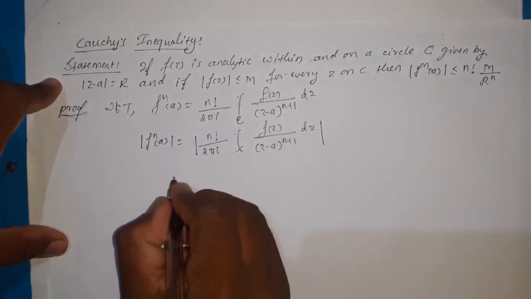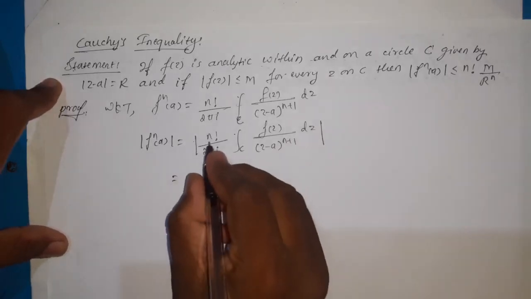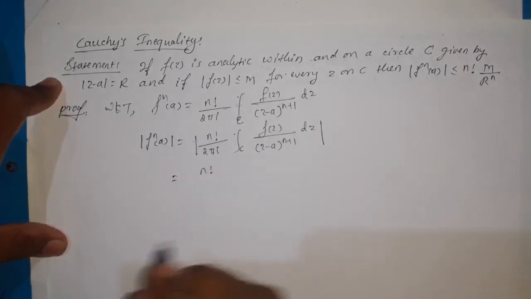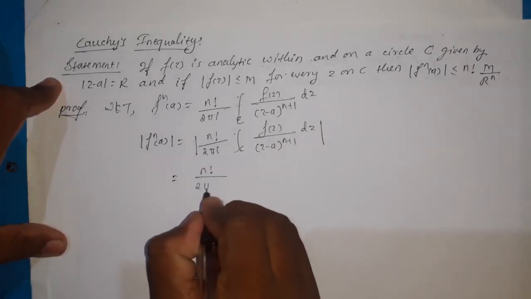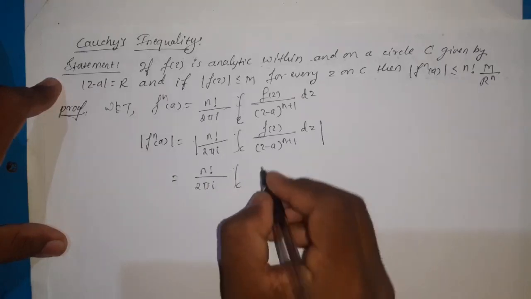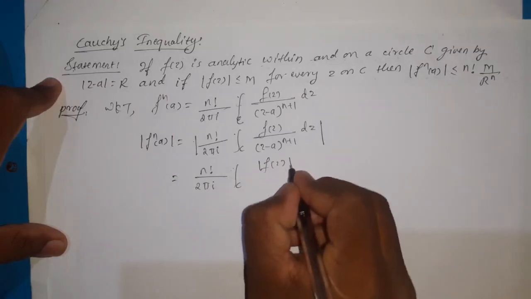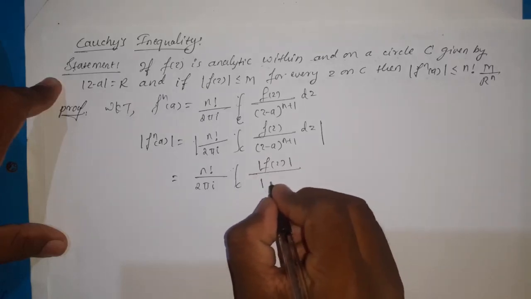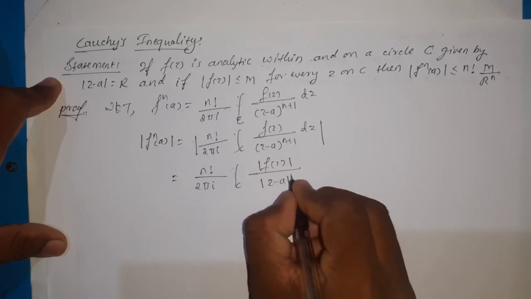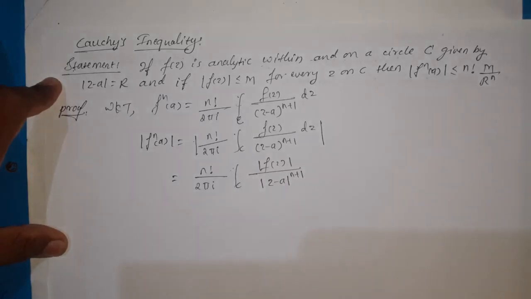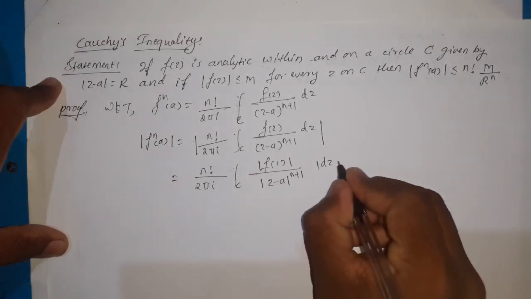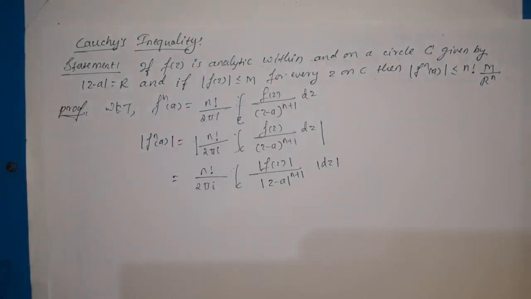Then this is equal to, so here n! and 2 pi i are constants. By taking the mod of them, we will get the same values. So n! divided by 2 pi times the integral over C of |f(z)| divided by |z - a|^(n+1) into |dz|.